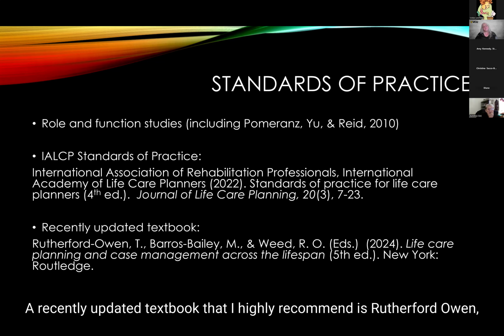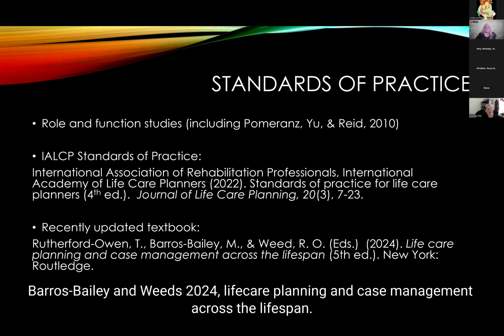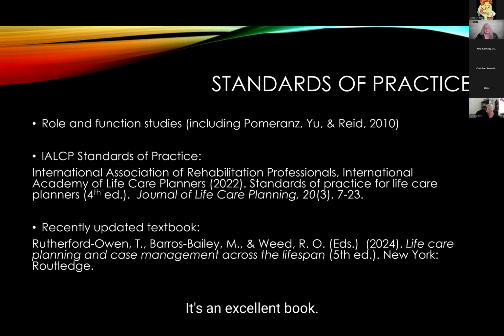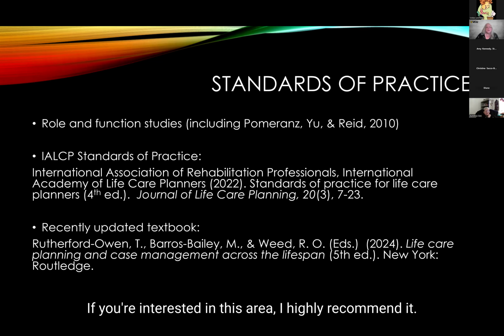A recently updated textbook that I highly recommend is Rutherford, Owen, Barrows, Bailey, and Weed's 2024, Life Care Planning and Case Management Across the Lifespan. It's an excellent book. If you're interested in this area, I highly recommend it.